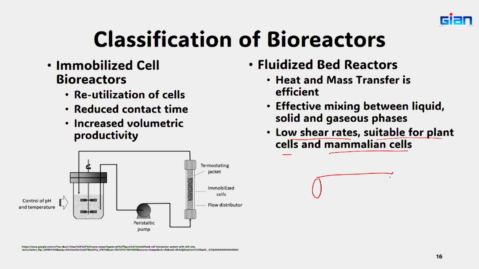You know what a plug flow reactor is? Those who know it, please help me out. So in the chamber, do you have the cells immobilized? Or what do you have in the chamber? Because that's a plug flow reactor, right? In my understanding, you're passing the substrate as a plug. So it is moving from one side to the other side.